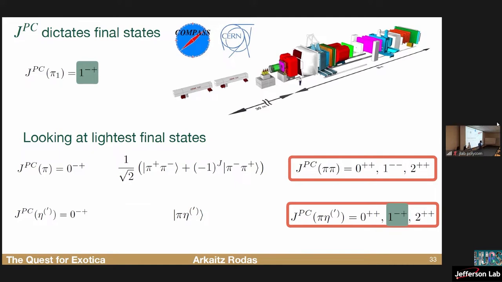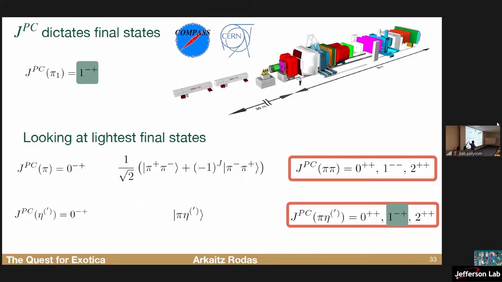In final states with multiple particles, do we need to be concerned about the relative orbital angular momenta between them? In terms of the possible final J states that they can produce? Well, the total angular momentum of this object is 1. It has spin 1.